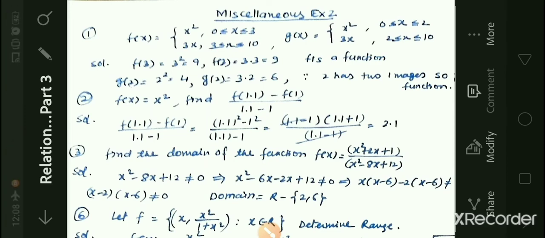In the first question we have to show that f is a function whereas g is not a function.